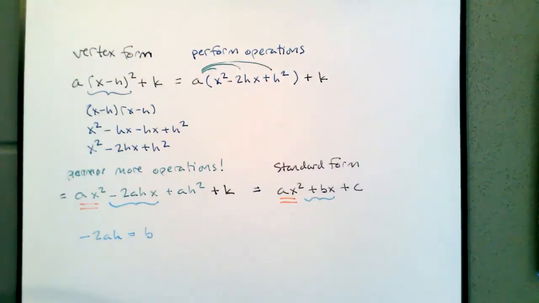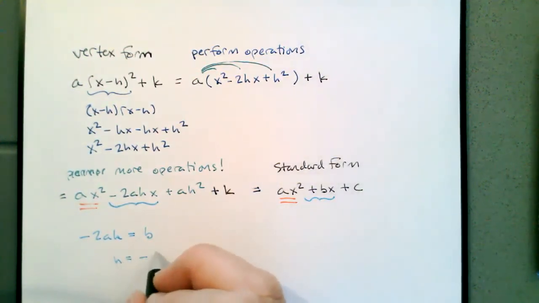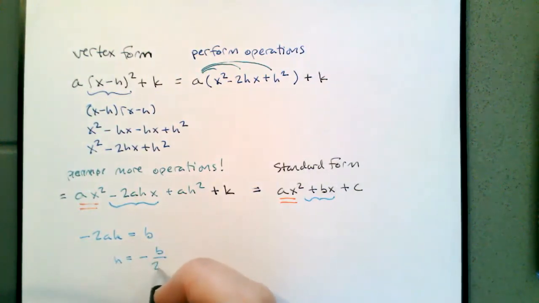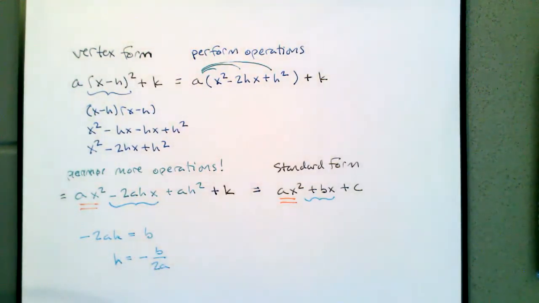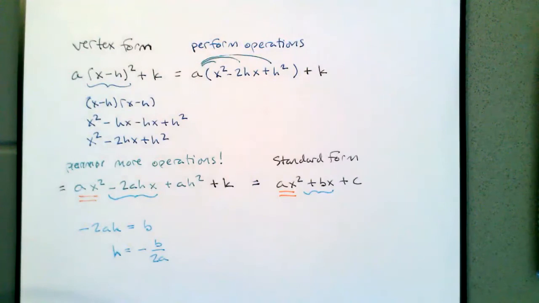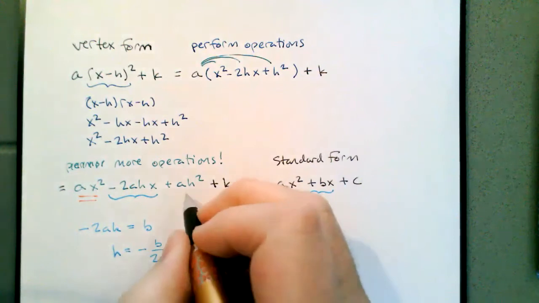And if I solve this for h, I get minus b divided by 2a. Really, I have b divided by negative 2a, but we always write the minus out in front. So here's one way we can justify that the x-coordinate of the vertex is the opposite of b divided by 2a. We also have that ah squared plus k is equal to c.